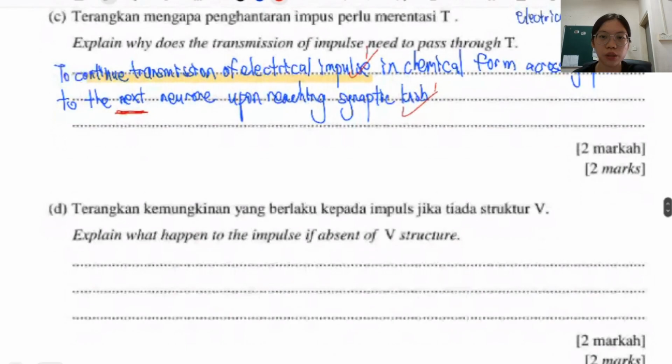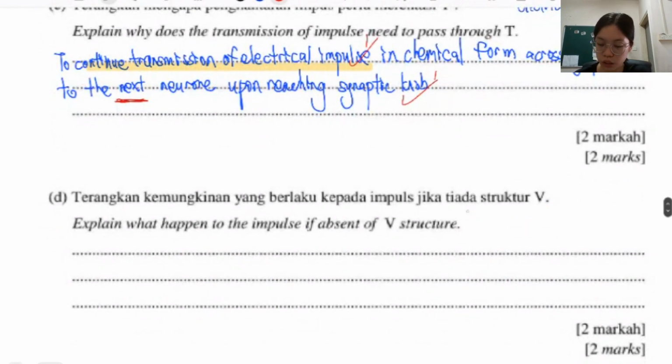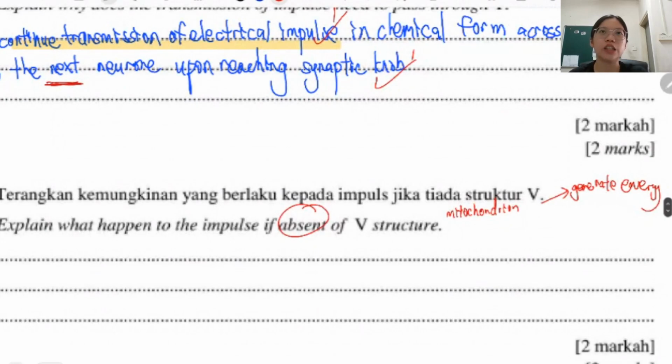Explain what happens to the impulse in the absence of V structure. V structure is the mitochondrion. So what happens if they don't have the mitochondrion? Think of the function of the mitochondrion. Why is there an abundance of mitochondria? It is to generate energy, right? In a normal situation, they generate energy because energy is required for the transmission of impulse.